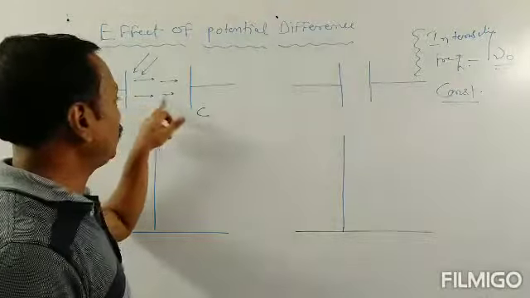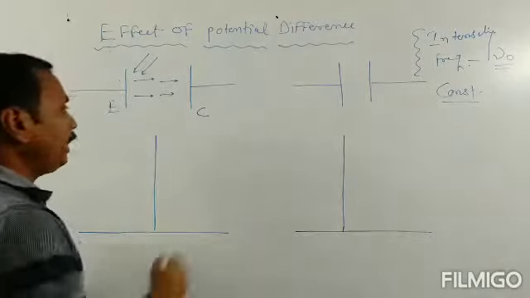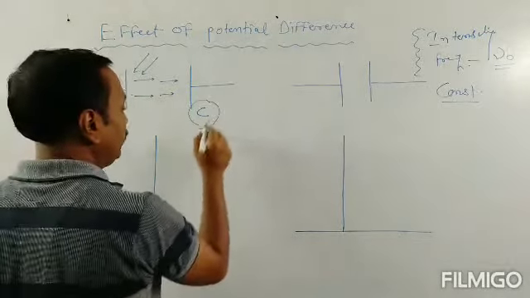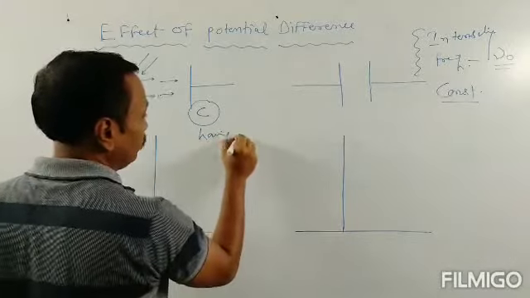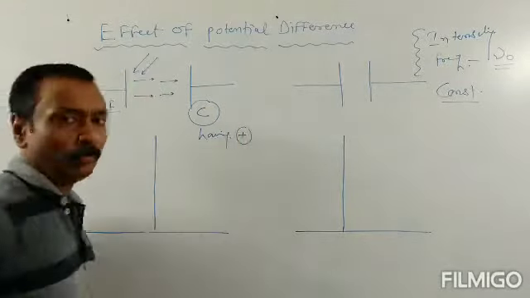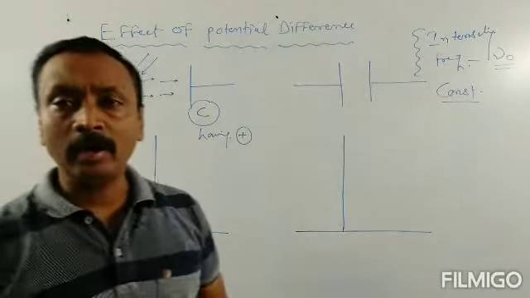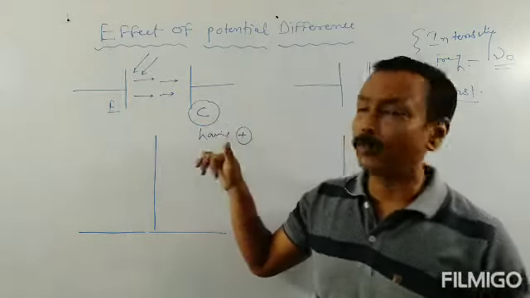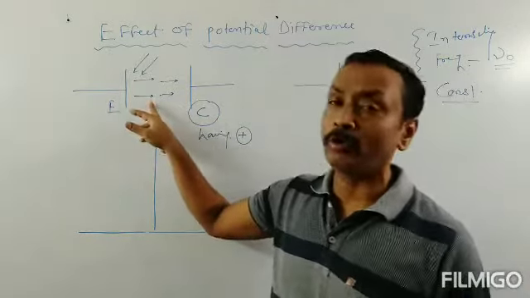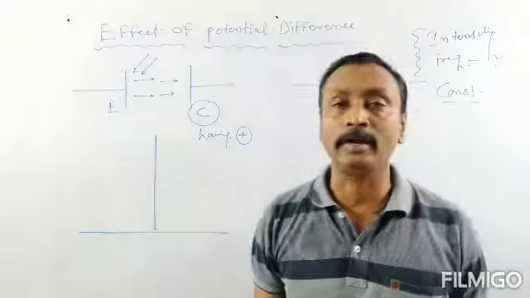When the collector plate has a positive potential, the photoelectrons will be attracted towards the collector plate.